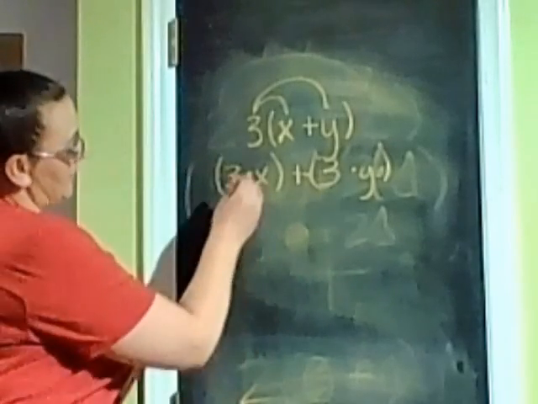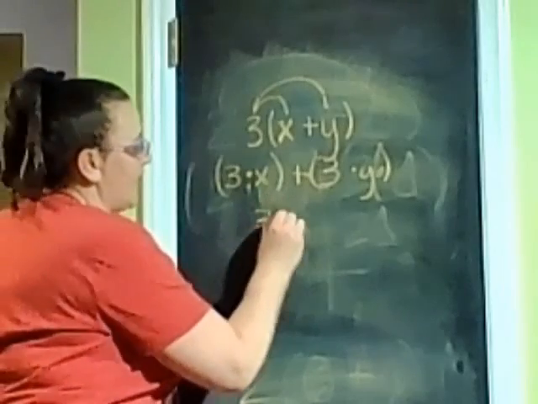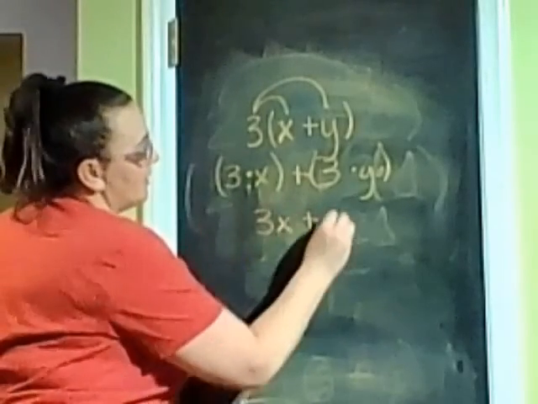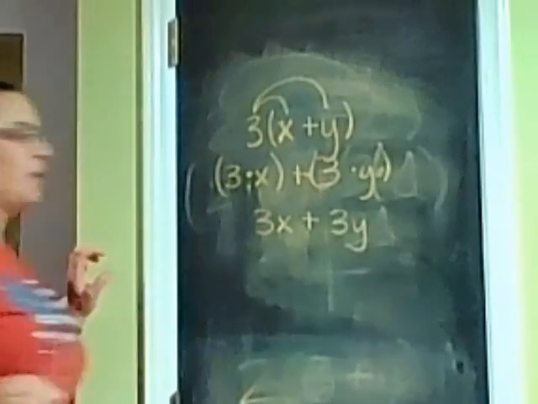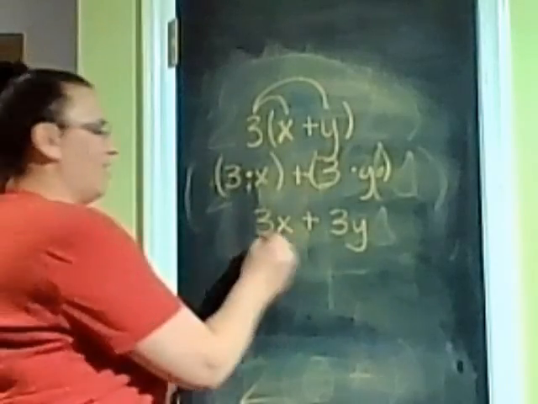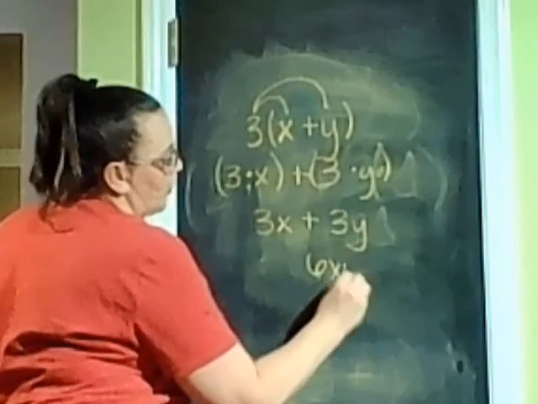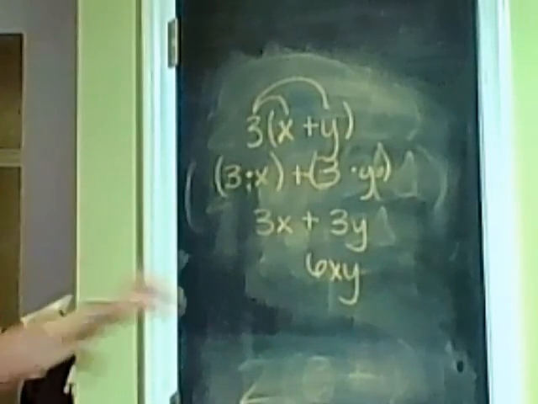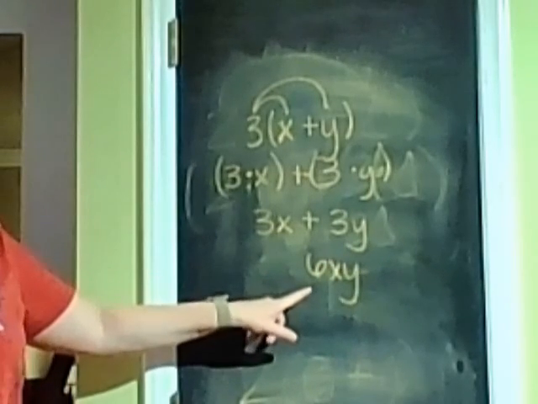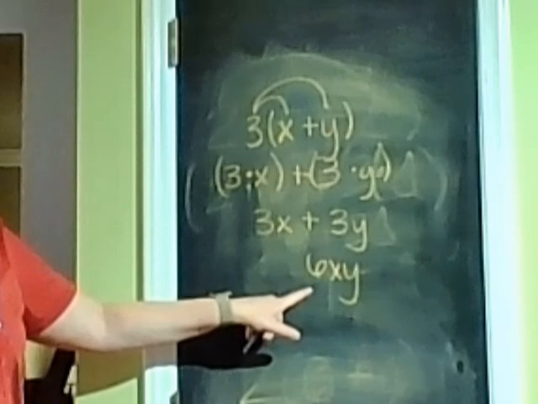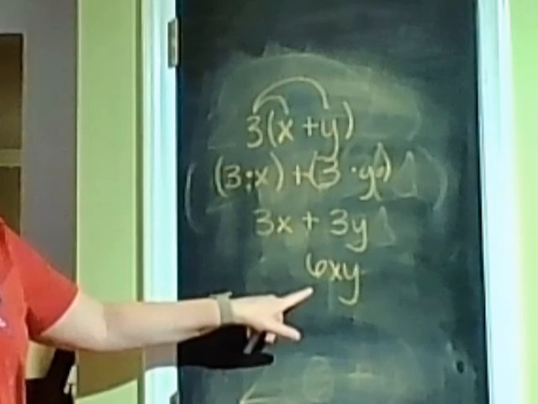Then I can say 3 times x is 3x plus 3y. Now, a lot of times students will say, well, that means this is 6xy. Can this be your answer? Why or why not?